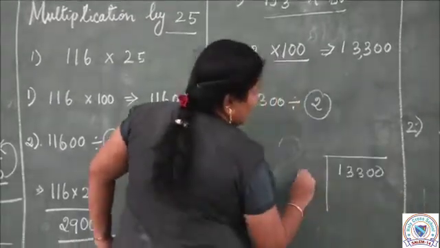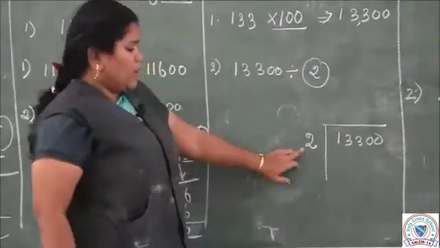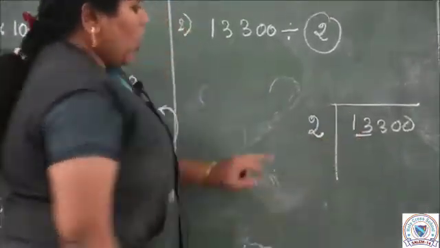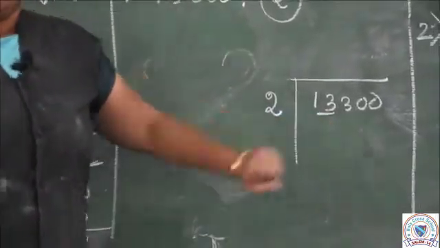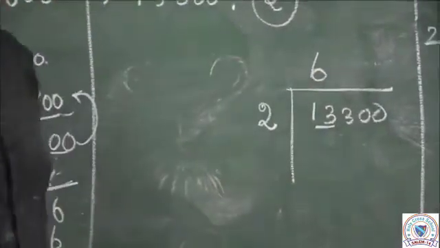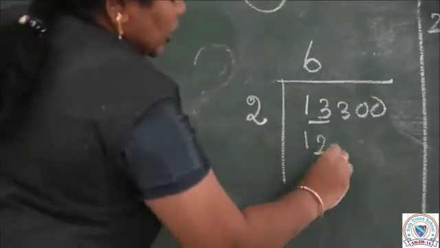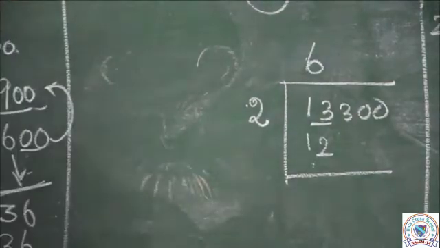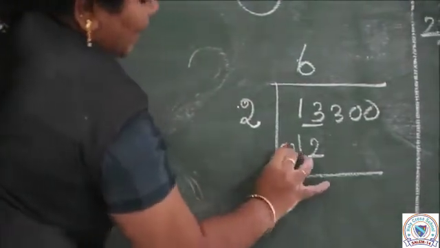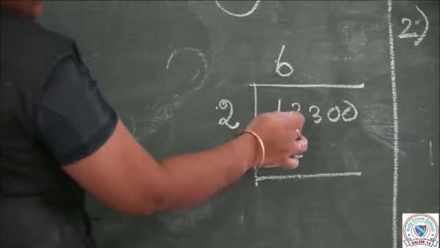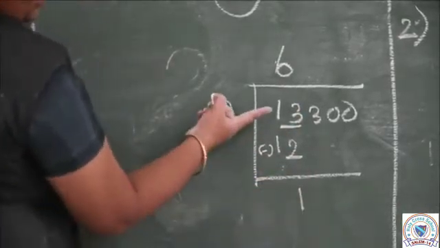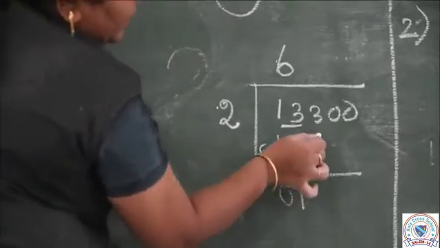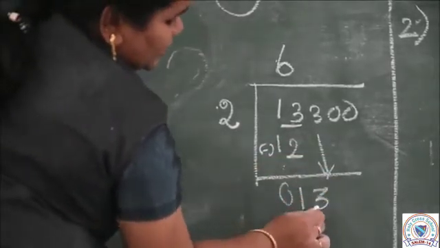13300 divided by 2. Now, take the first 2 digits, that is 13. How many 2's are there in 13? We have 6 2's in 13. That is 12. Multiply 6 and 2 and write down 12. Next, subtract it. 3 minus 2, 1. 1 minus 1, you will get 0. So, bring down the next digit, that is 3.